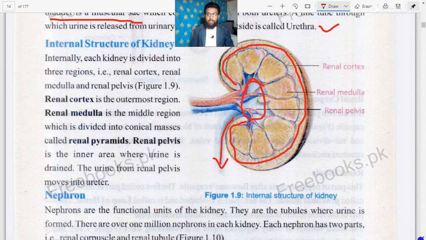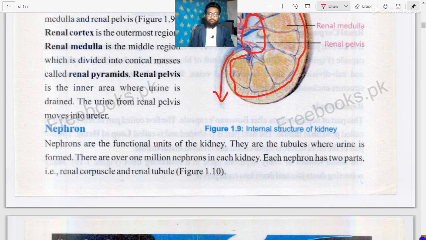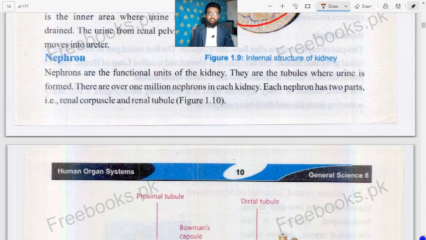Next topic is nephron. Dear cadets, nephrons are the functional units of the kidney. The nephron is the basic functional unit of the kidney.